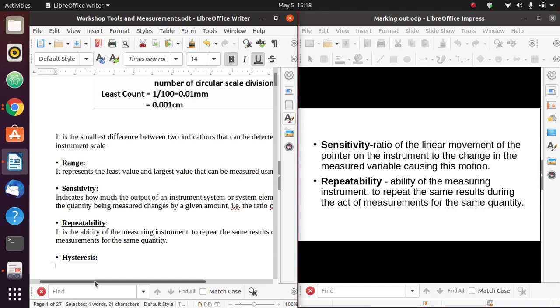Now, repeatability is when I'm measuring the same quantity repeatedly, more than one time, the ability of that instrument to get the same value when I'm measuring the same quantity over and over again.